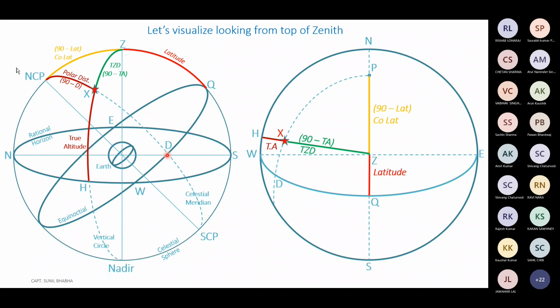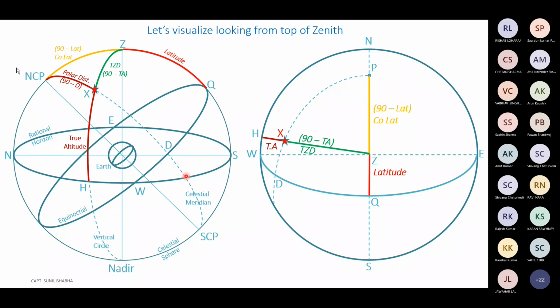This is the D point in the celestial sphere diagram, and it refers to this D point on the rational horizon diagram. Going further from D, it crosses the rational horizon and goes on the far side. So we have the celestial meridian of the body drawn now.